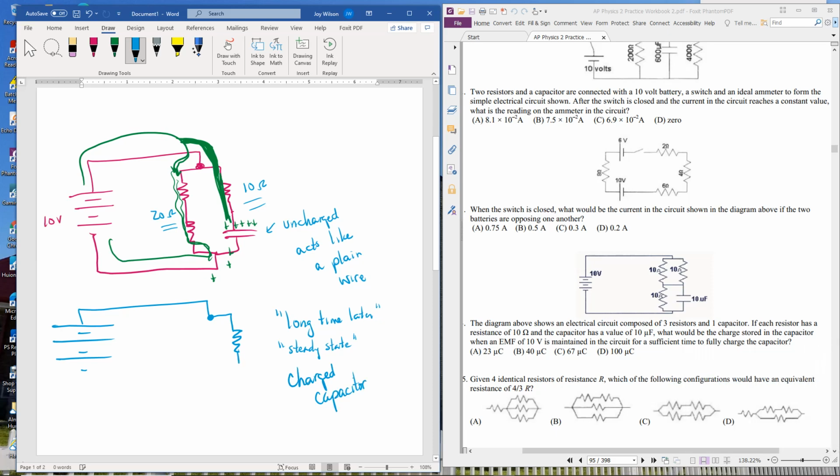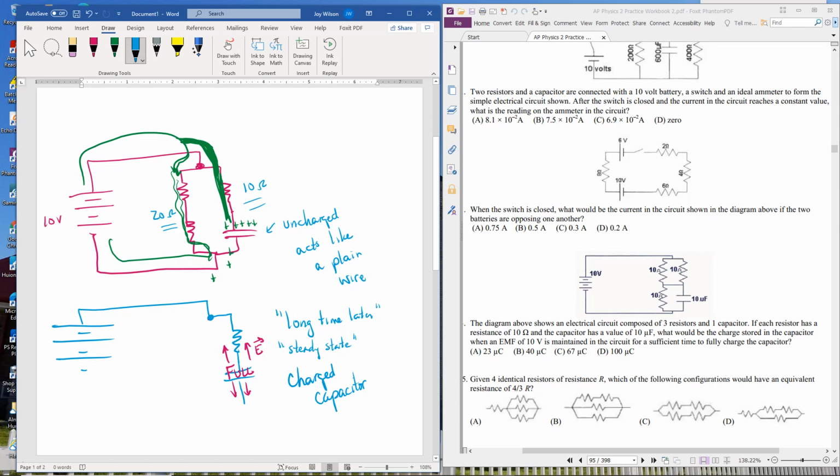So what happens now is, because my capacitor is full, it is creating an electric field that pushes back. So we have an electric field that pushes that way and pushes this way.